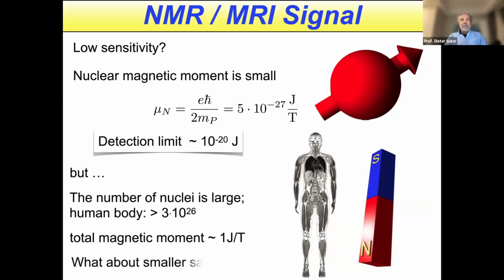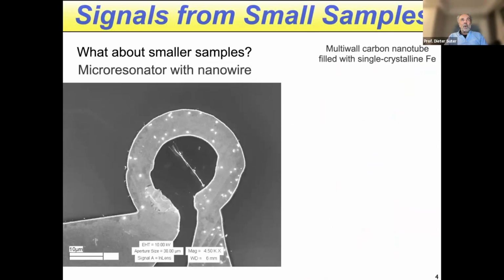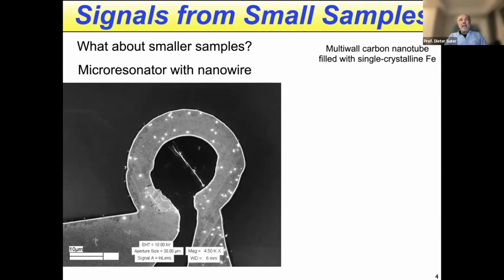But what about small samples? I would like to give you some examples from small samples which show where you can get with conventional inductive detection and where it becomes increasingly difficult.